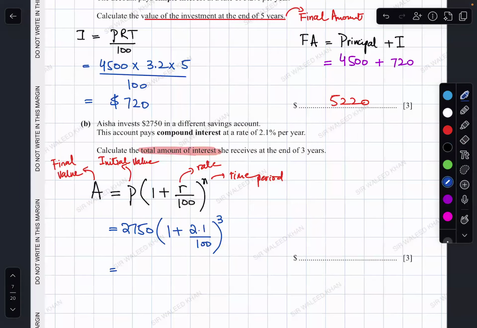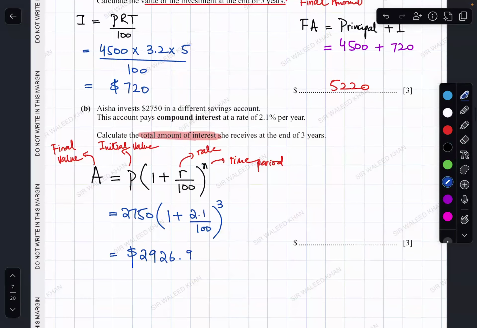So when we work this out, we have 2926.9. This is the final value, the final amount at the end of 3 years.